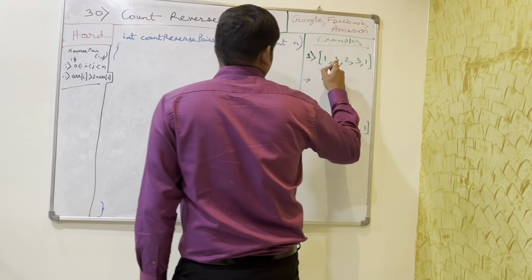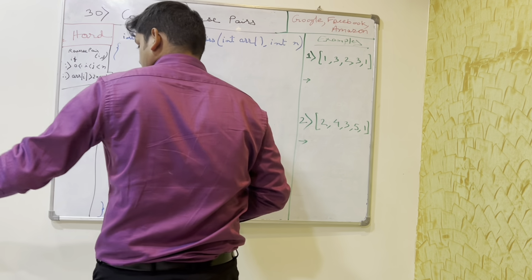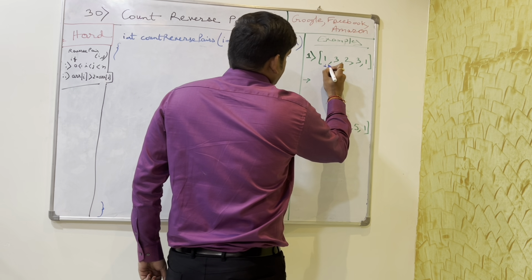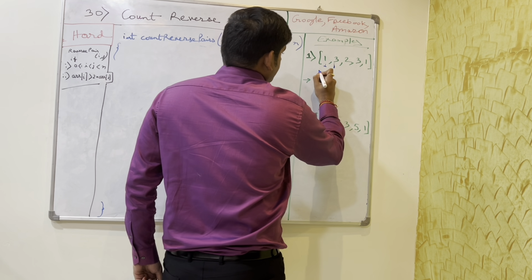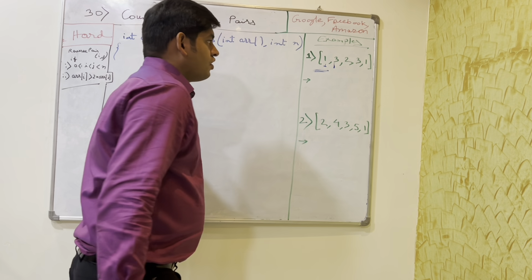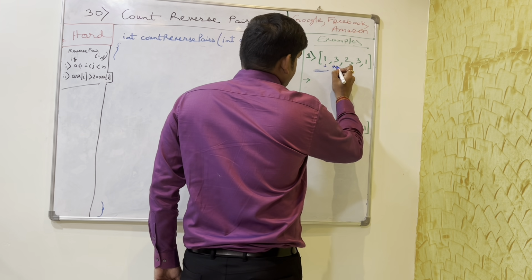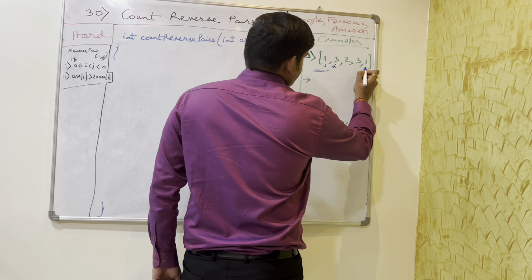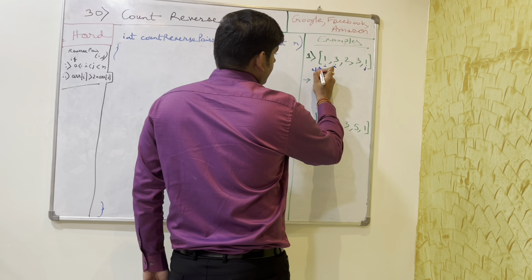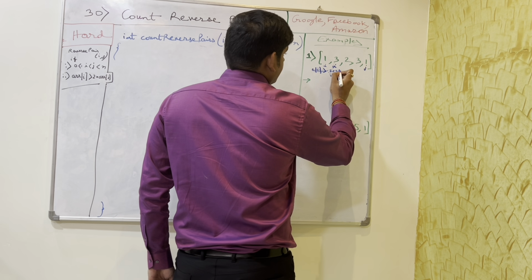Here in this example, if i is 1 and j is 3, is 1 greater than 2 into 3? No, it is not. But if i is 3 and j is 1, a of i is actually greater than 2 into a of j, right?